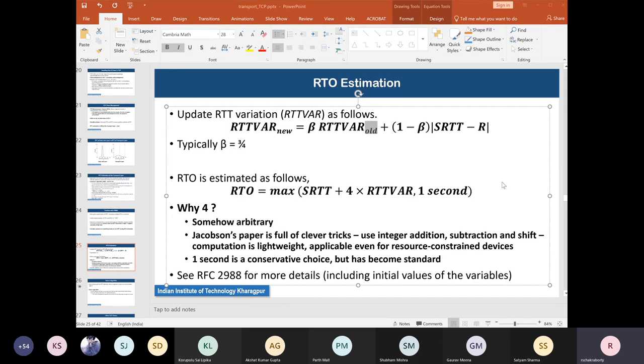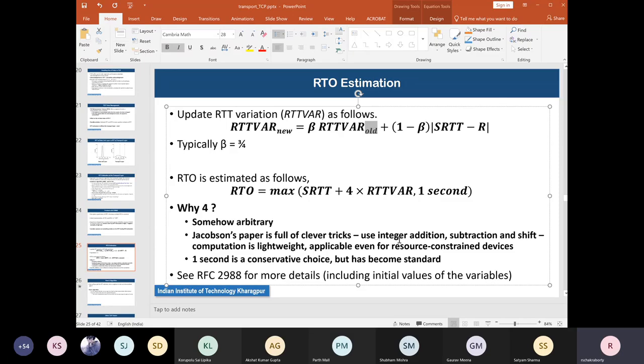And I would invite you to read Jacobson's 1988 paper to see the tricks that he proposed by which these calculations involving SRTT and RTT var can be simplified and use only integer addition, subtraction, and shifts.